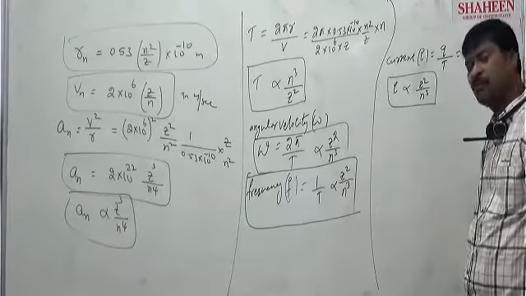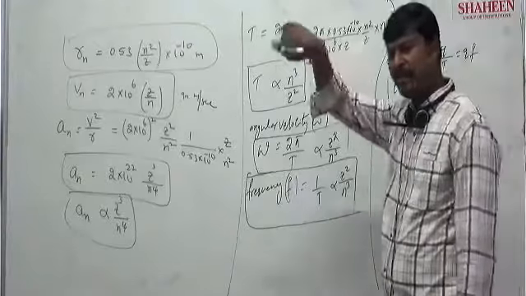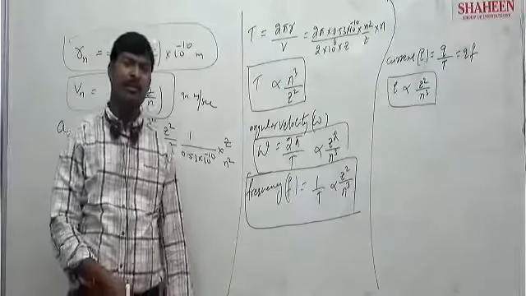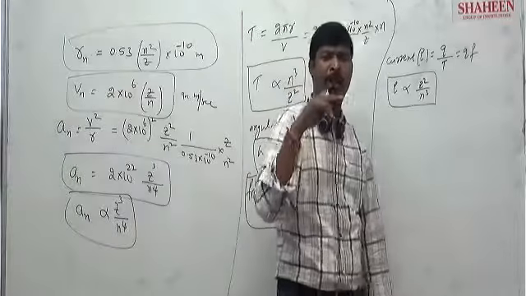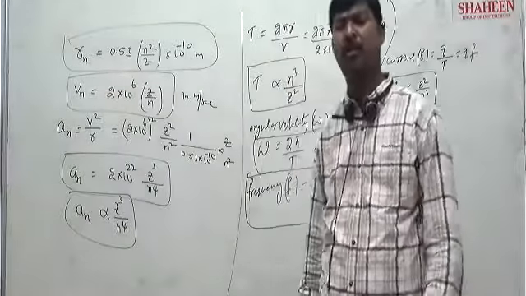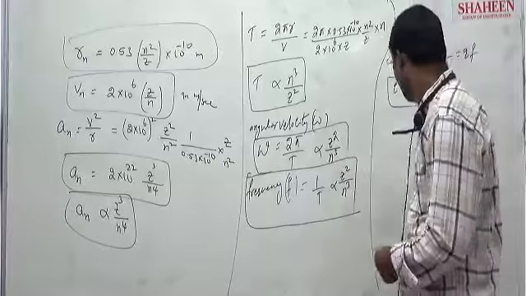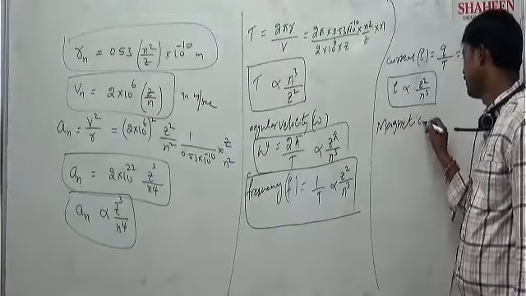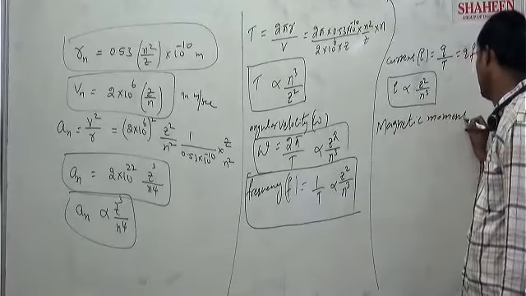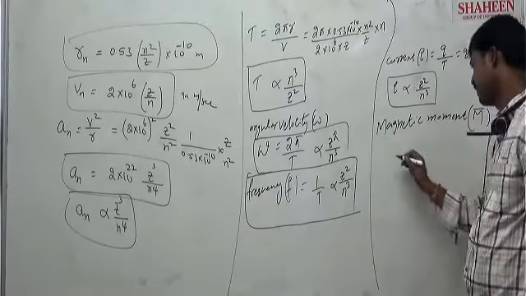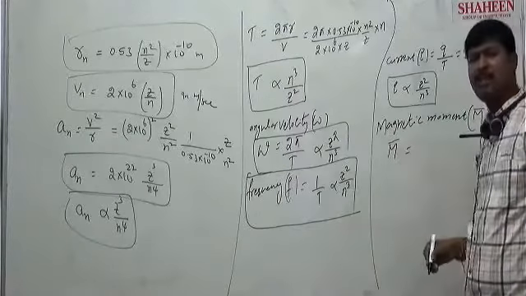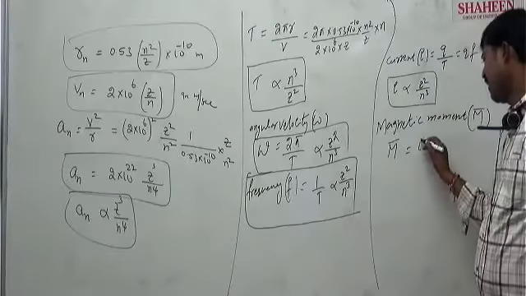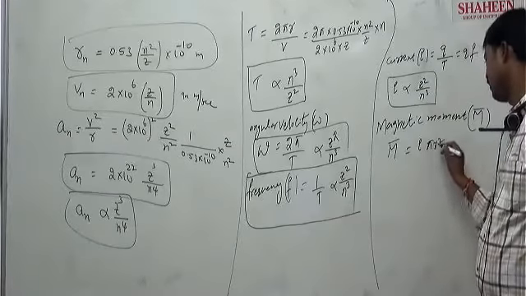Current we got, right? The electron is revolving in a circular orbit, it's producing a current. So a current carrying circular orbit, nothing but a current carrying coil, produces a magnetic moment and has a magnetic field at the center. So what is magnetic moment? Magnetic moment, that is M bar, is basically I into area, that is pi r square.